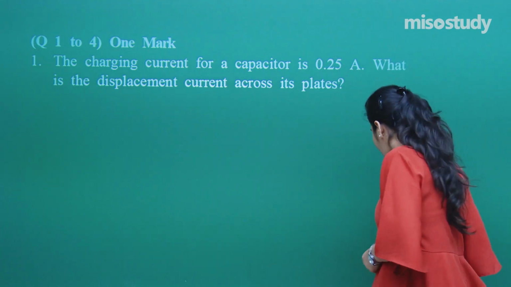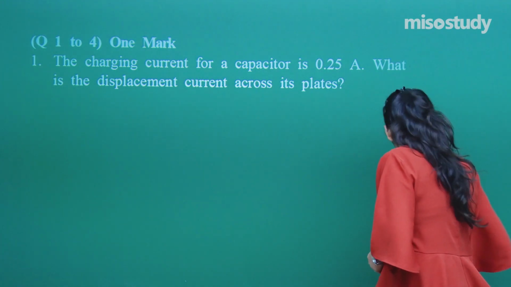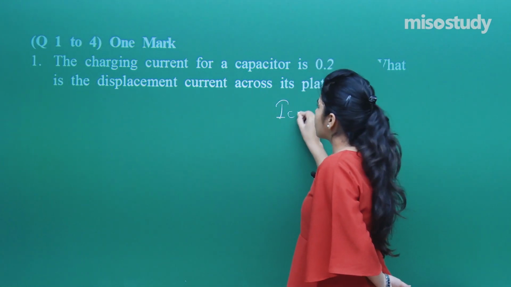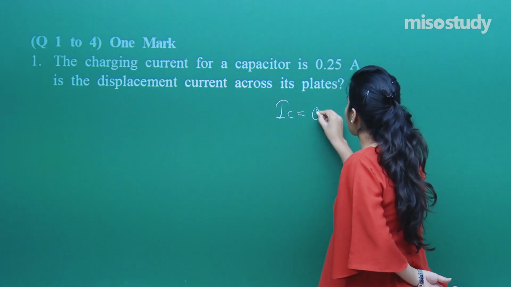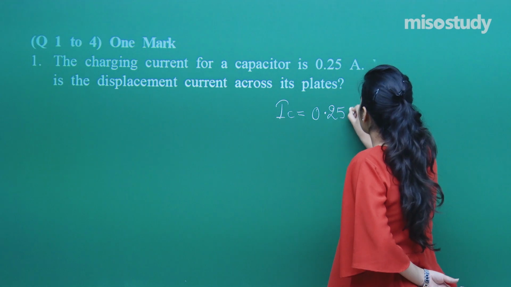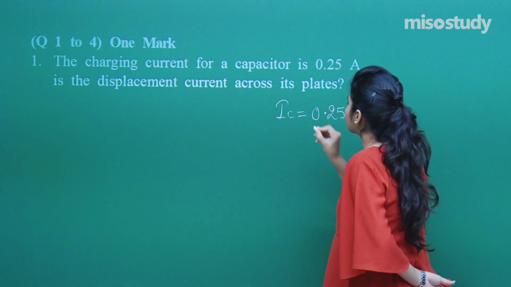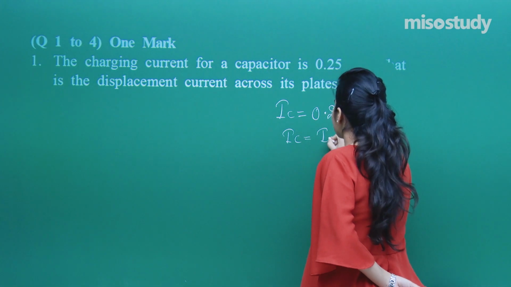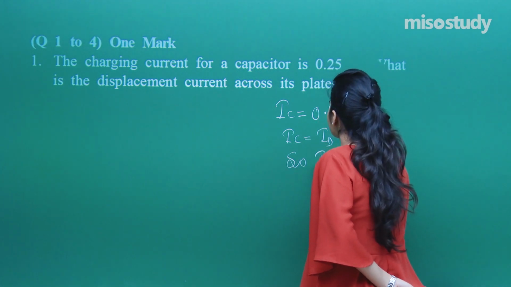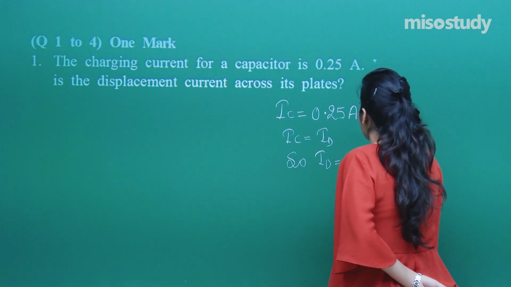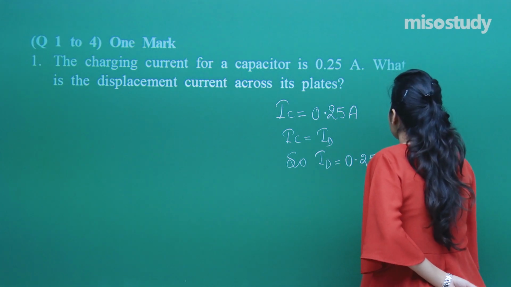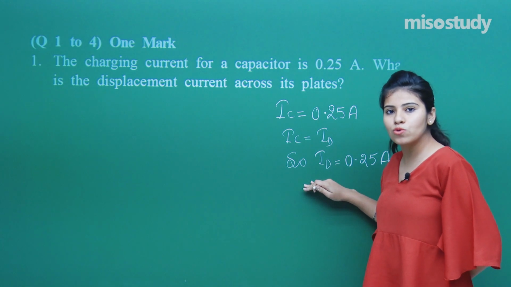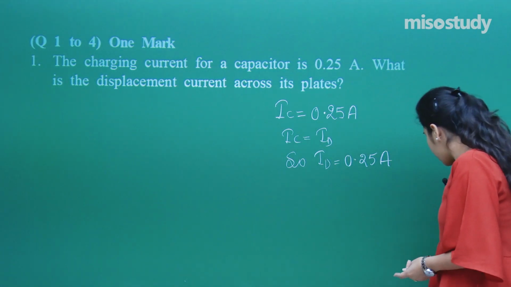So if IC, the conduction current, is 0.25 ampere, and we know the conduction current is equal to the displacement current, here your displacement current is again going to be 0.25 ampere without any doubt. So the displacement current is 0.25 ampere. Okay, so the next question.